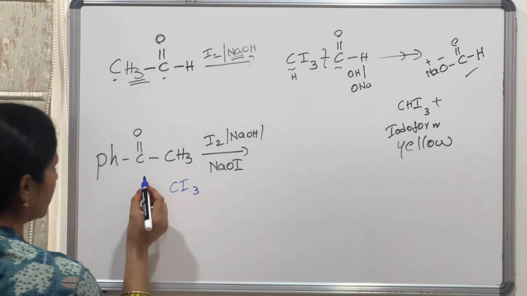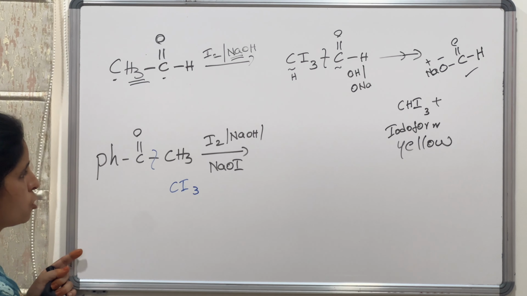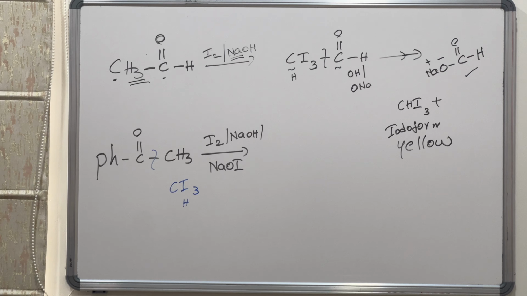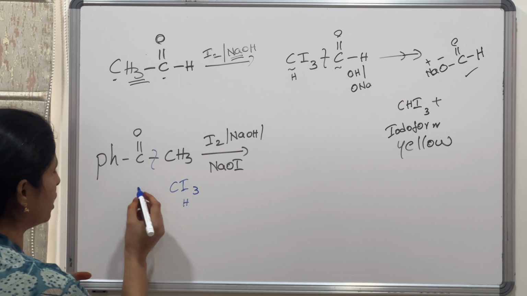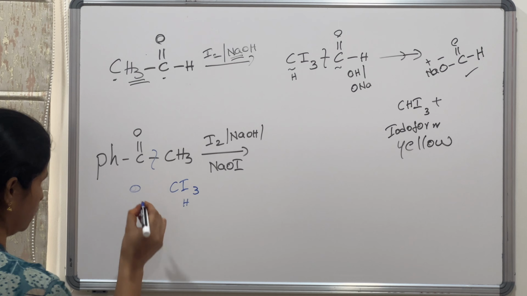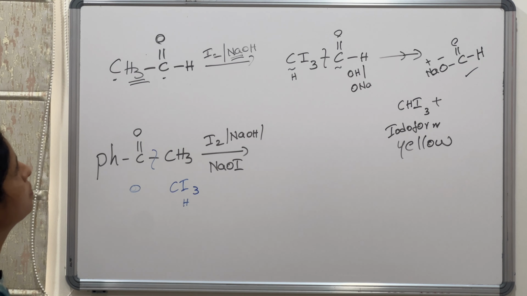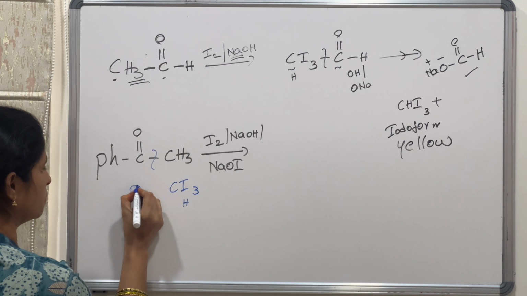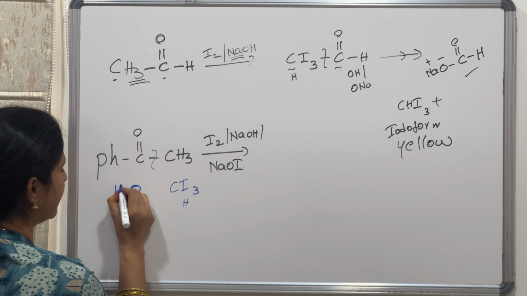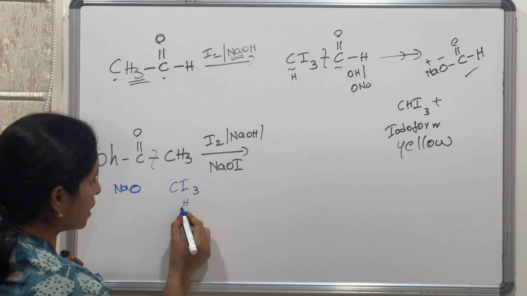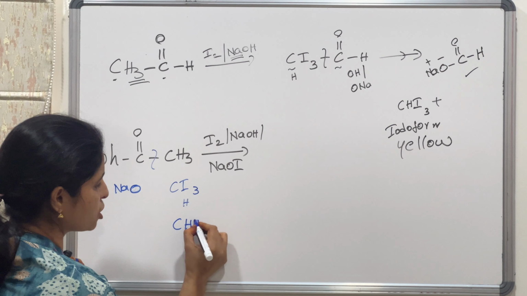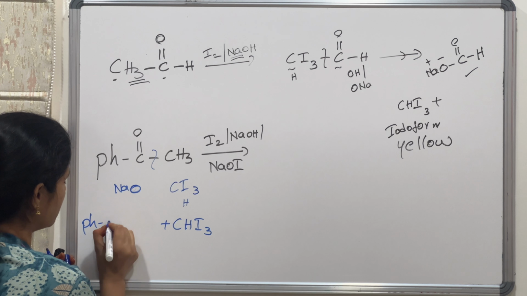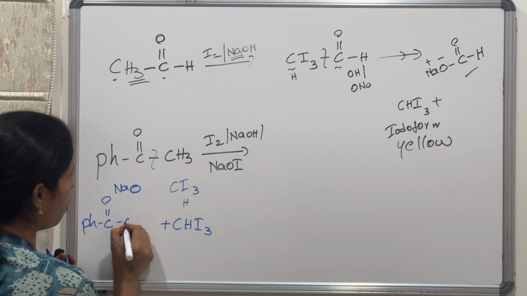What I told you, here you break the bond between these two, add hydrogen this side, and ONa this side. So what will it become? This will become CHI3 plus Ph C double bond O ONa.